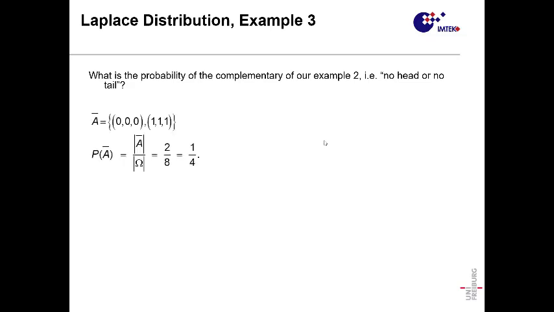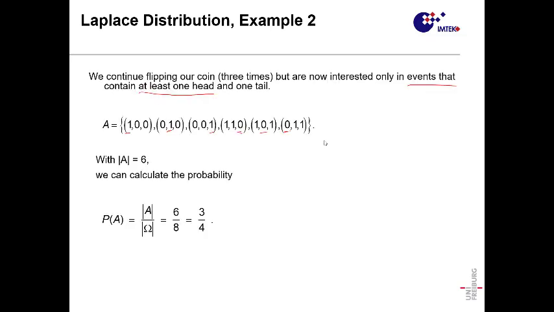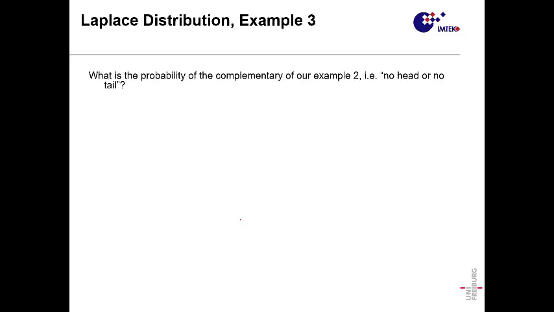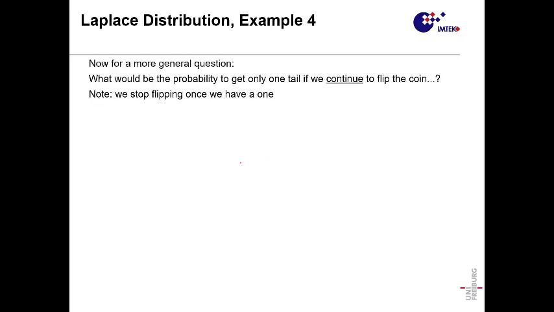So you just do that, and basically it's 1 minus 3/4, which is 1/4. Or you can go again to the subset and see that you have all-ones or all-zeros and do 2/8. But I will do 1 minus 3/4 in this case. All right? Good.